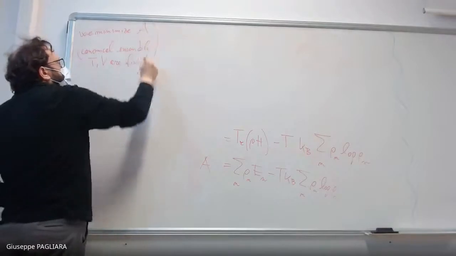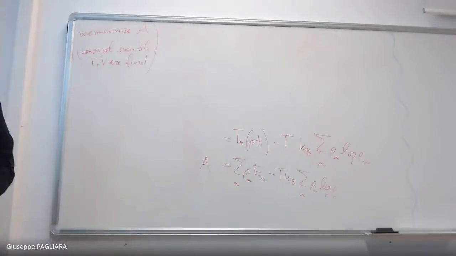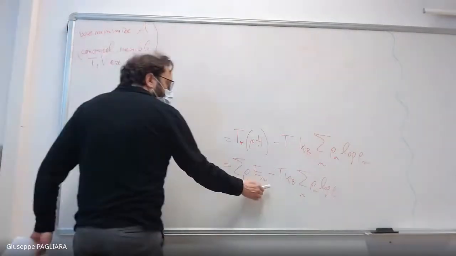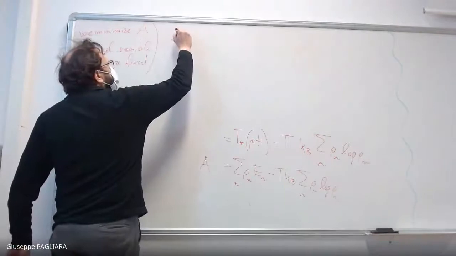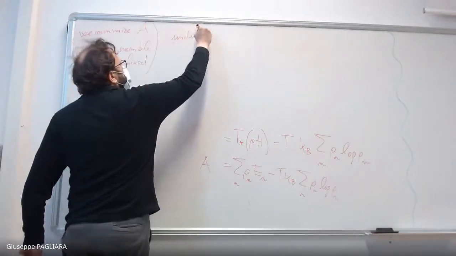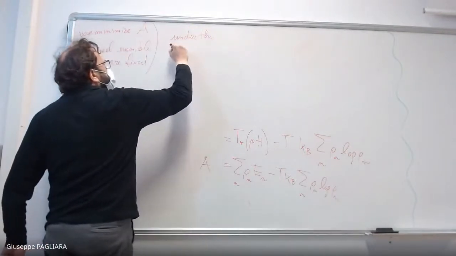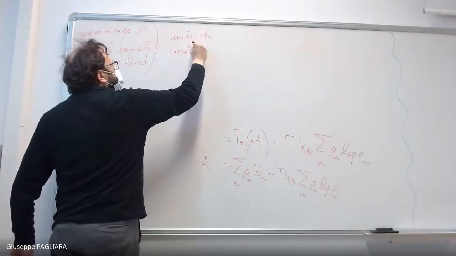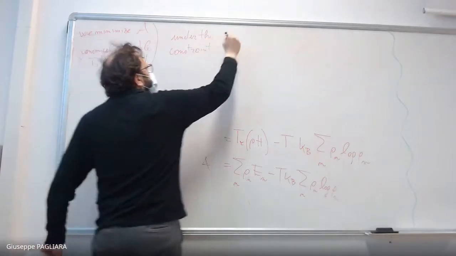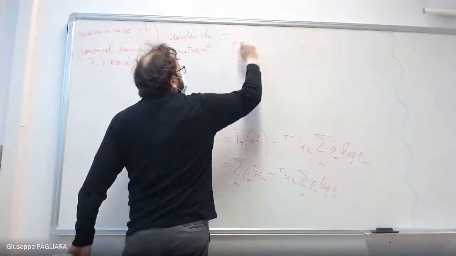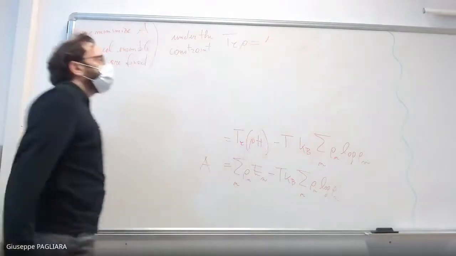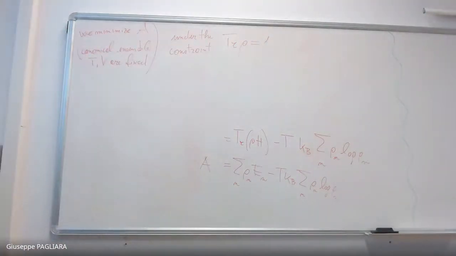And we know that the second principle of thermodynamics tells me that I have to minimize the Helmholtz free energy. The minimization must be done under the constraint that the trace of rho, being a density matrix, is equal to 1. Okay?